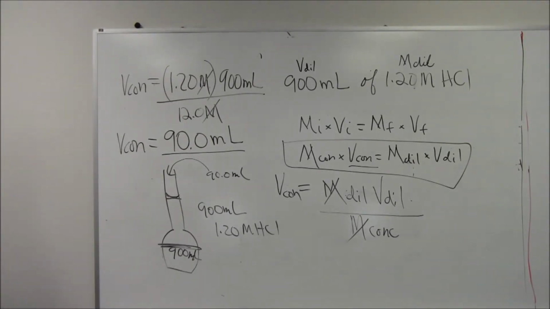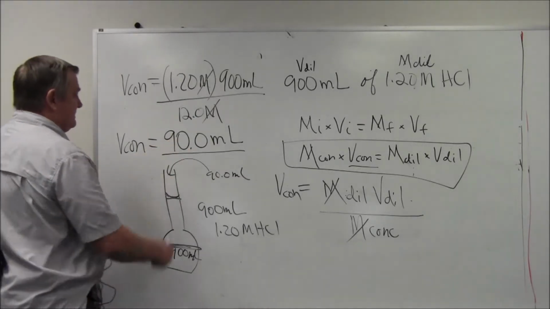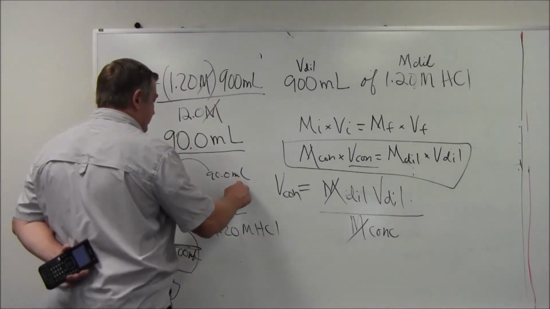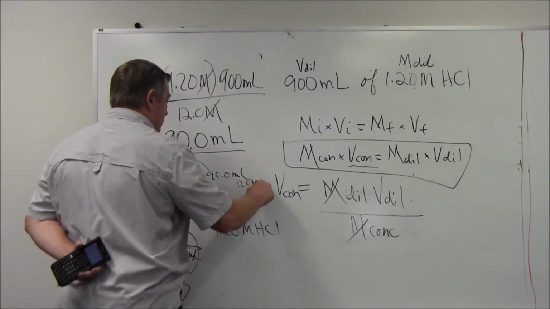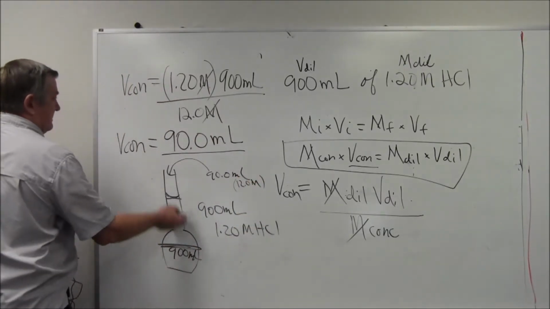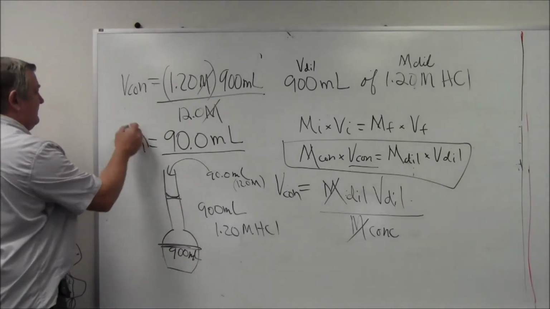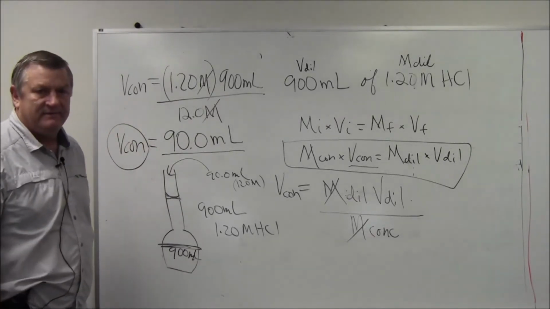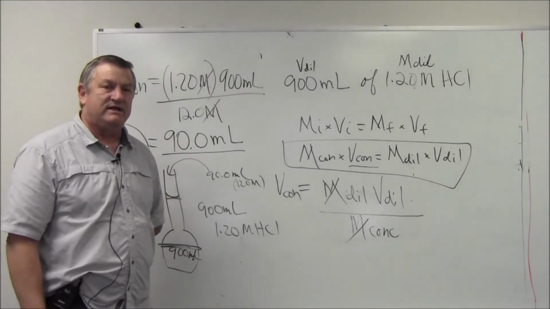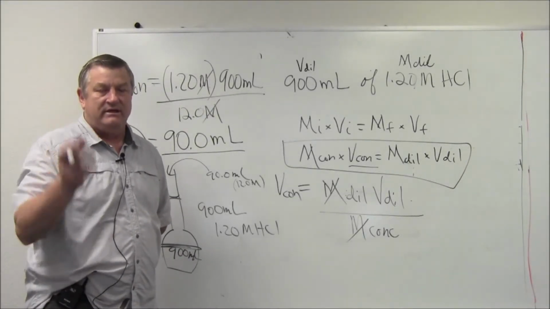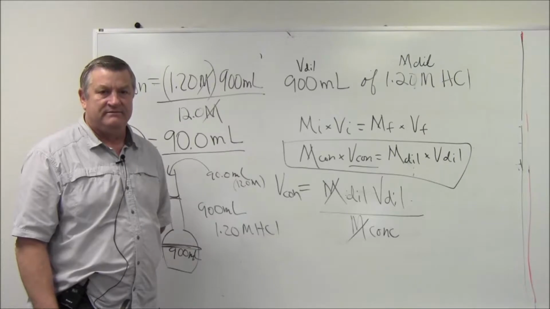And so that means I get 90 mils of my stock, 90 mils of 12 molar, and QS it up to my desired volume. Okay? And usually on an exam or something, they're just going to ask you to calculate V con. How much of the stock do you need to take out of it to QS your final volume.